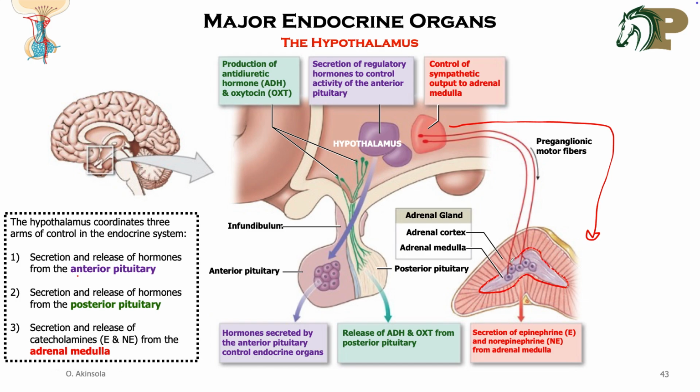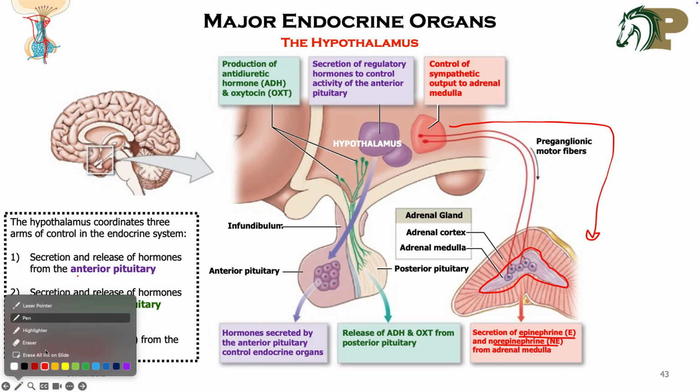From the adrenal gland, we get the release of epinephrine and norepinephrine from the adrenal medulla. That's your first arm of control in the endocrine system, and that is what we have detailed right here.